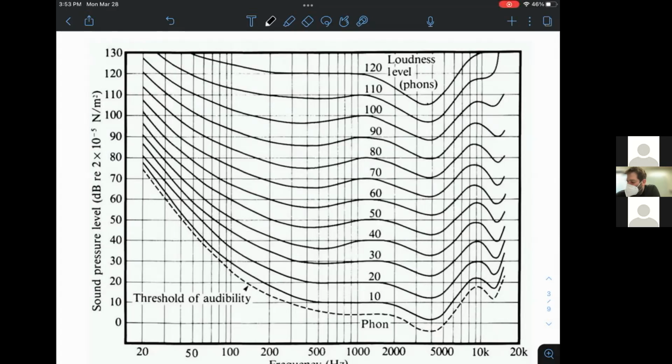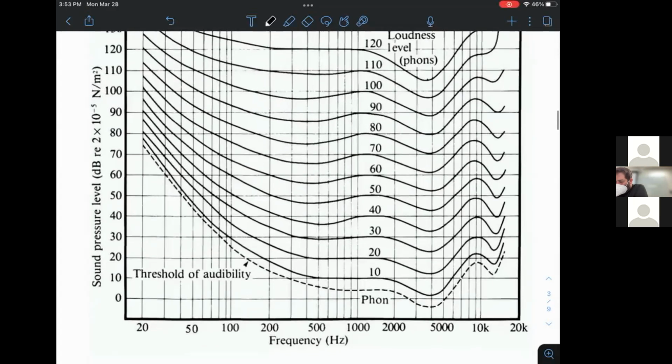So let me just draw this on here. We'll just do an example. Say I have an 80 dB wave at 100 hertz. How loud is that in phons? Well, at 100 hertz, make sure I do this right.